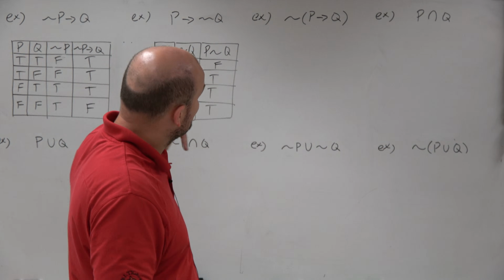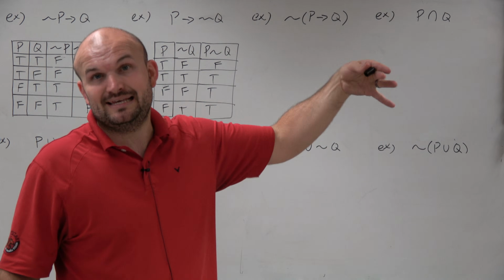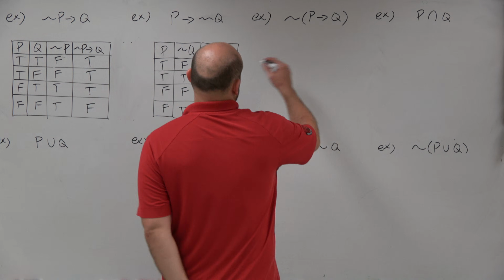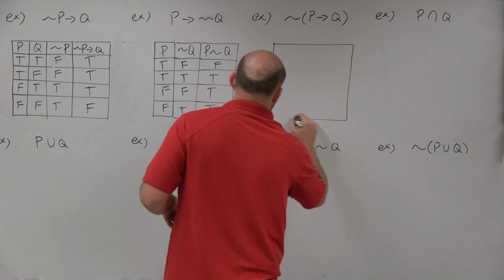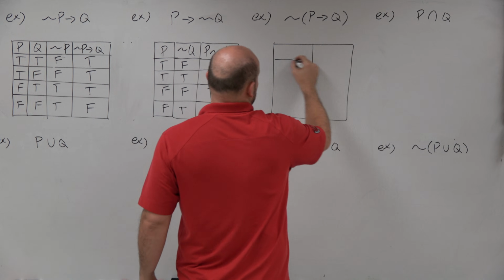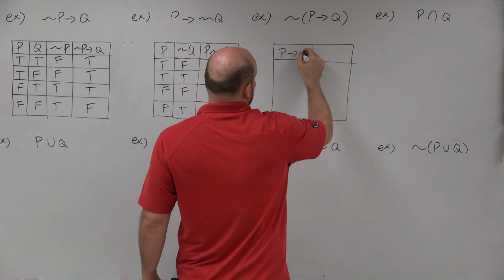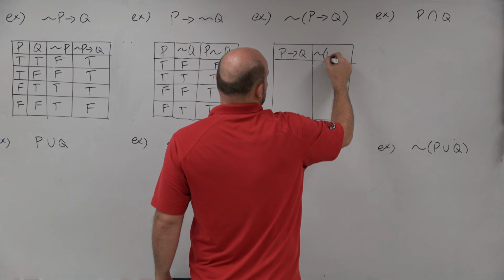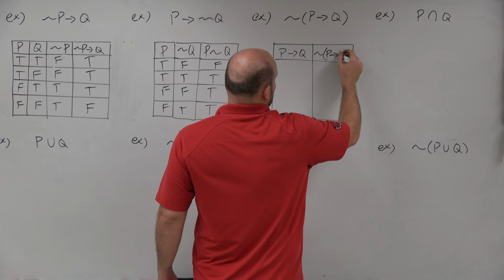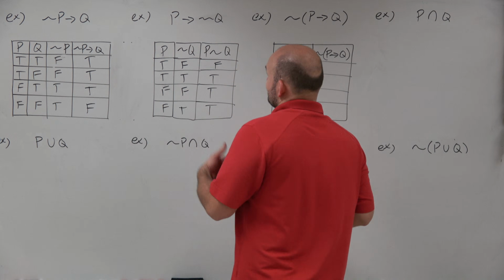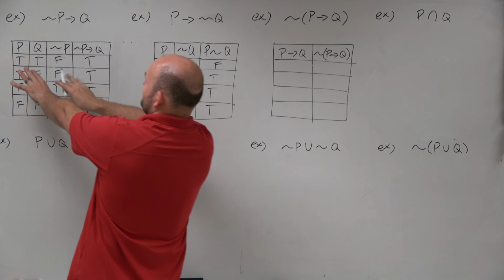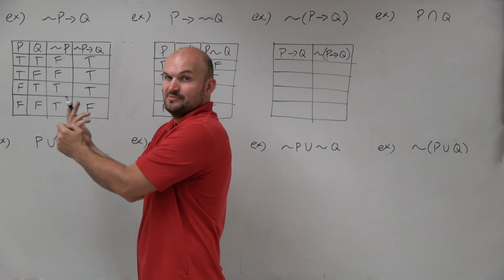The next one is going to be the negation of if P, then Q. This one's important because we want to follow the order of operations here. The first thing I'm going to do is just do if P, then Q, because then I'm going to take the opposite of it. So if P, then Q, when is that going to be false?